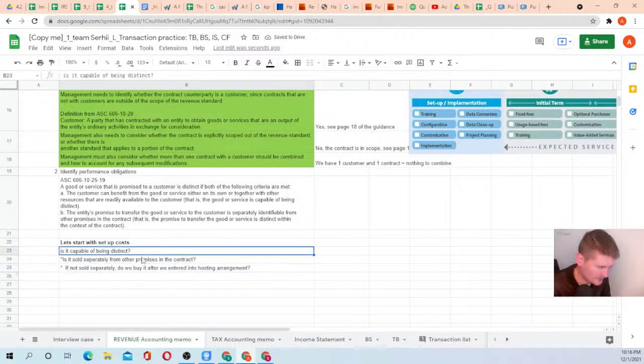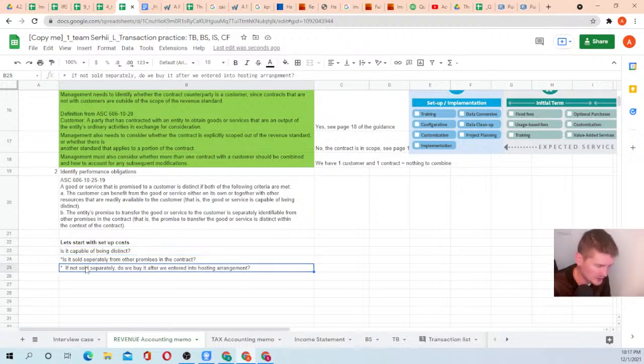So if it's not sold separately, if our company, QuickBooks, doesn't sell installation setup separately, it can still be a separate performance obligation in the contract, but only if we already got into the SaaS arrangement, into the hosting arrangement, and we need some additional services to set up some features, and we can benefit from that.